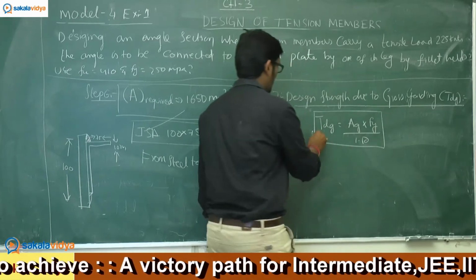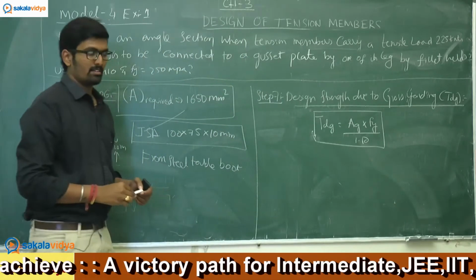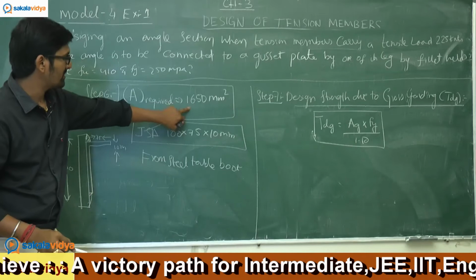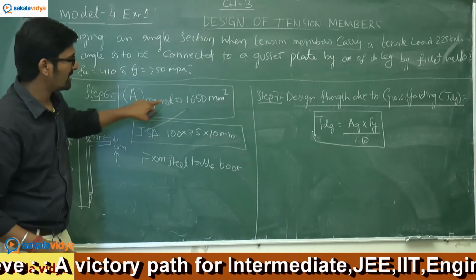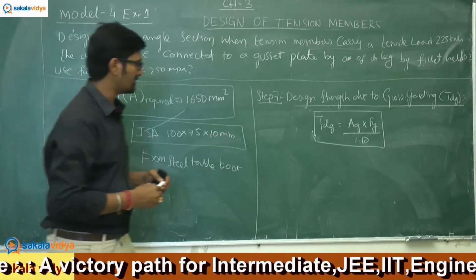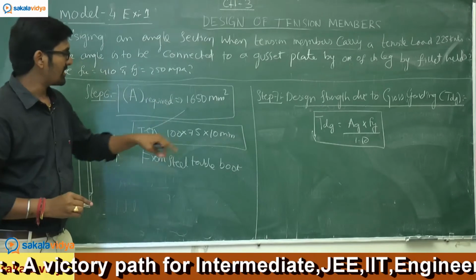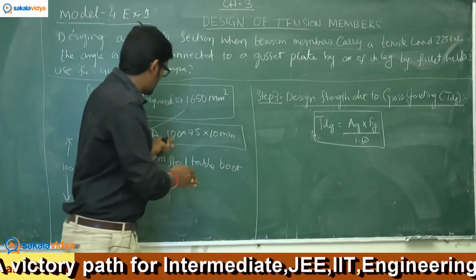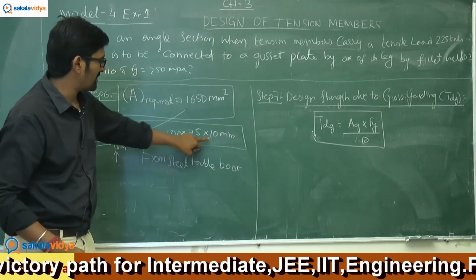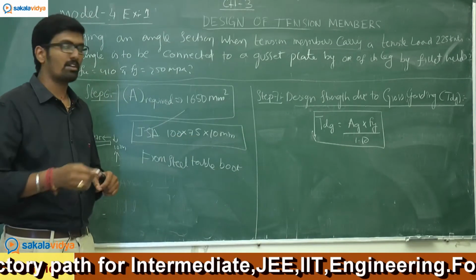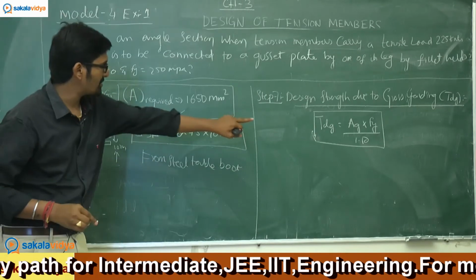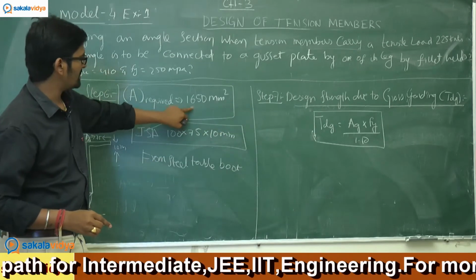In this case, we should not find the area again because this is only the gross area. Directly we substitute the gross area of this section, because based upon this we chose ISA 100 into 75 into 10 mm. So we directly substitute gross area equal to 1650 mm square.